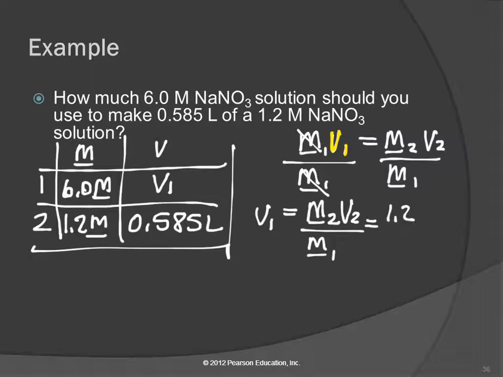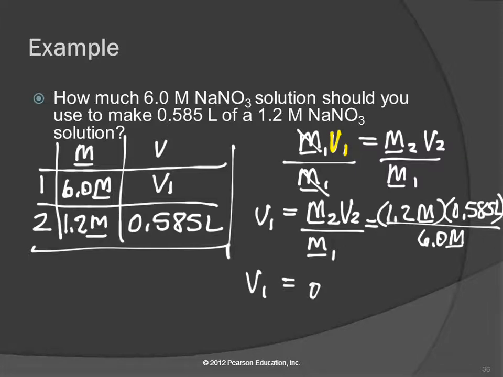So 1.2 molar times 0.585 liters divided by 6.0 molar. 1.2 times 0.585 divided by 6. I'm getting volume 1 equal to 0.117 liters.